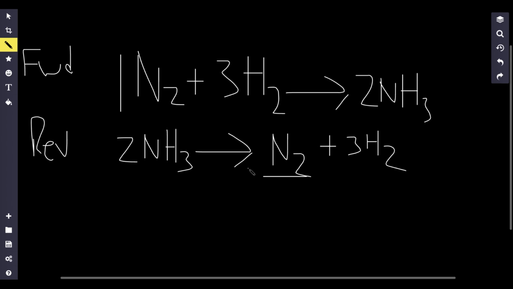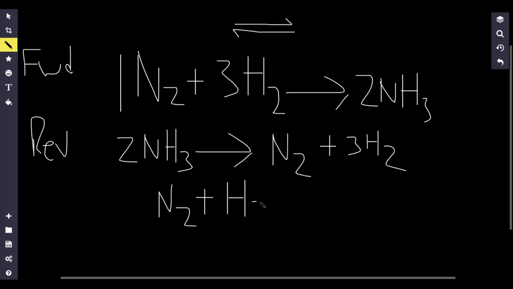This is something called a reversible reaction. A reversible reaction happens in both ways, and the way you symbolize this is by this double arrow right here, one half of the arrow going this way, one half going the other way. If you were to write this out, it would look something like this.